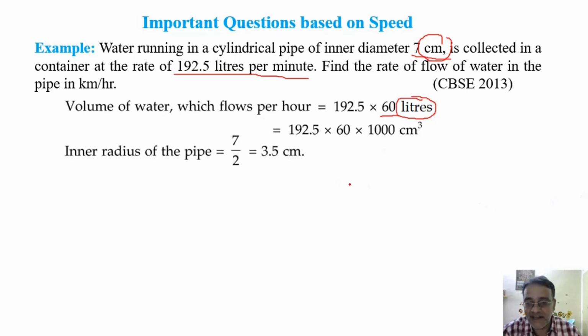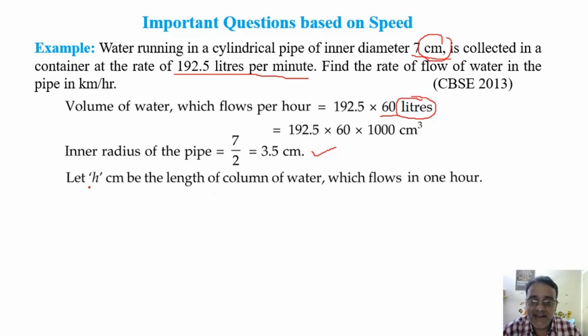Don't multiply it completely now. Inner radius of the pipe is given 7/2, that is 3.5 centimeter. Okay, and let h be the length of the column of water which flows in 1 hour. So the water which is flowing through the pipe will take a shape of cylinder.